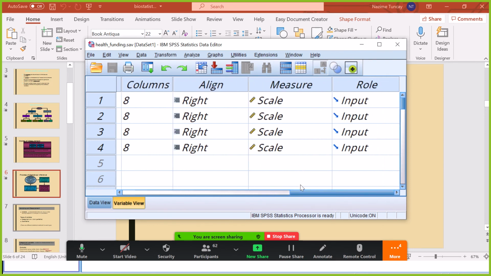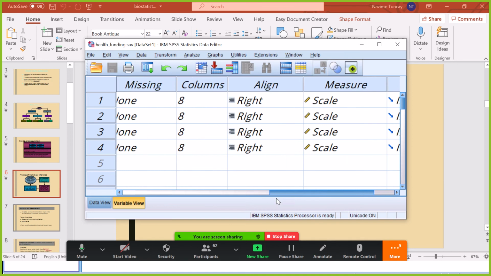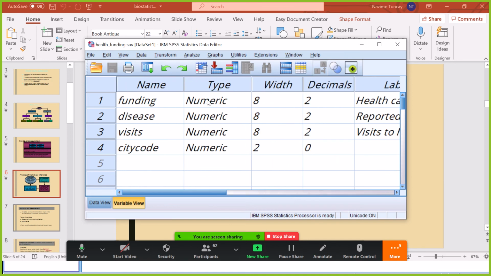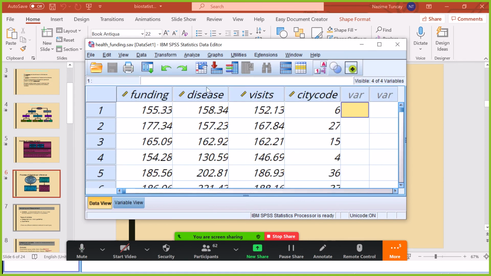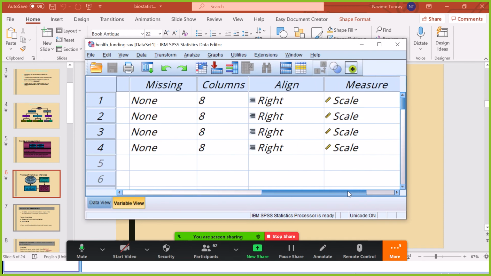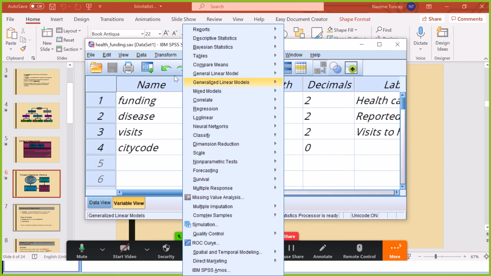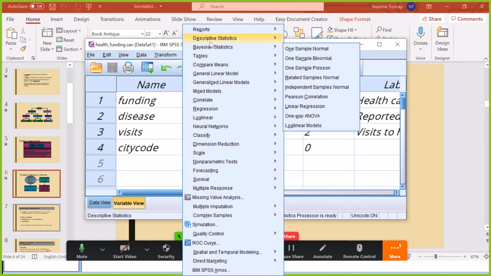And these are scale. So these are defined as scale, okay? Scale means numbers. We may define it as ordinal or nominal. What was ordinal? If we group them and it is ordered, we define it as ordinal. Or if we group them and it is not ordered, we define it as nominal.